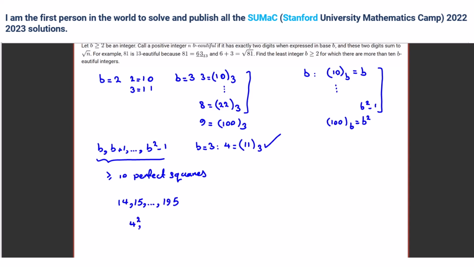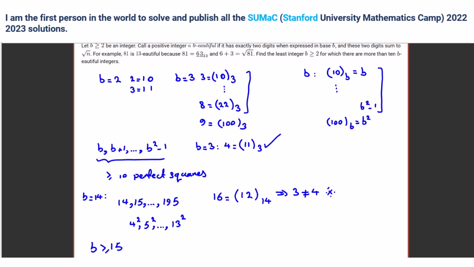We have 4 squared, 5 squared, all the way to 13 squared, right? And if we check 16 in base 14, it would be what? 1 2. But the sum of the digits is 3, which is not equal to 4, right? So we found that b is at least 15.